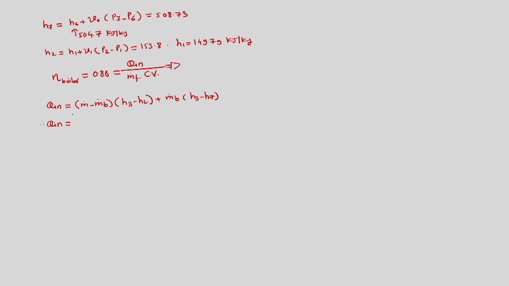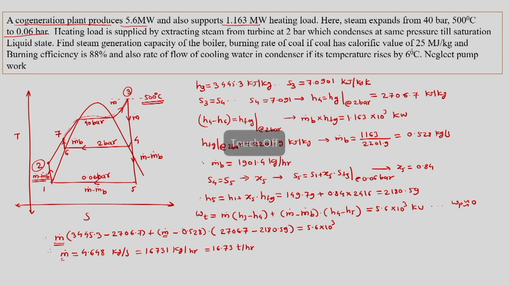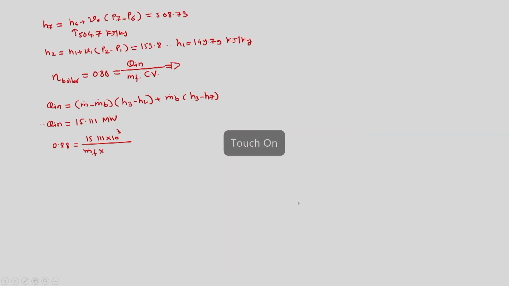So this is what is written over here. From here we get Q in as 15.111 megawatt. So we can put this Q in, and then it becomes 15.111 into 10 to the power 3 divided by mass of fuel into its calorific value, and calorific value is given to us as 25 megajoule per kg, so this is 25 into 10 to the power 3.